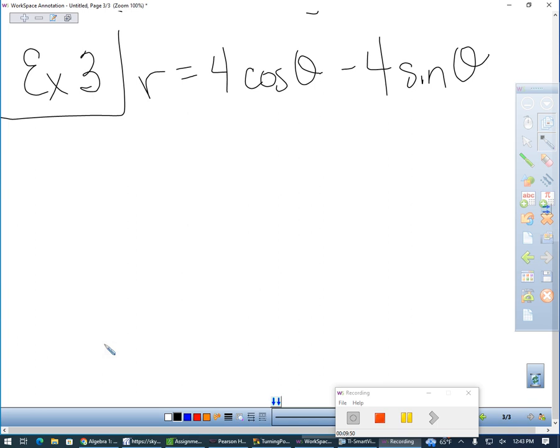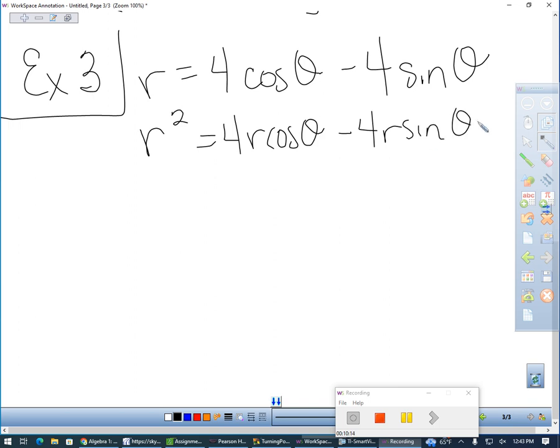Multiply both sides by r. So when I multiply both sides, I've got to distribute that r to everything, right? So on this side, r times r is going to be r squared. On this side, I'm going to have 4r cosine theta minus 4r sine theta.